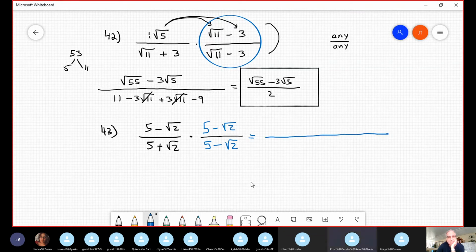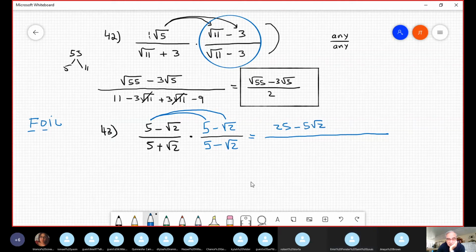Top and bottom. Start for the top. 25. Very well. Foil. You do first outer. Outer is 5 times minus radical 2, 5 radical 2, minus, right?